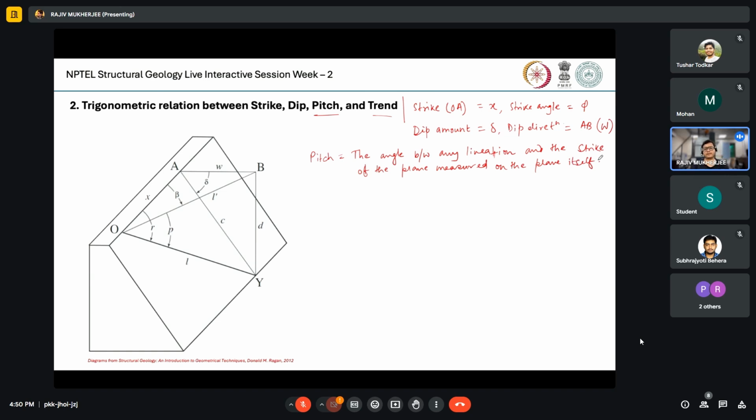So that is the definition of pitch. And here we have the strike line OA and the lineation is OY, and we measure the angle R, which is the pitch, right? So pitch is basically R measured between OA and OY. Okay.